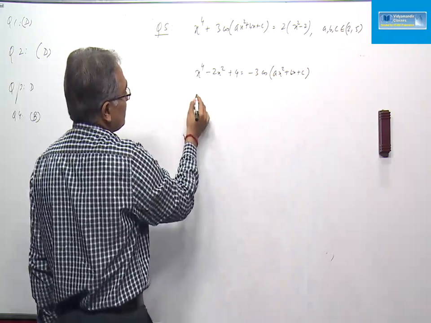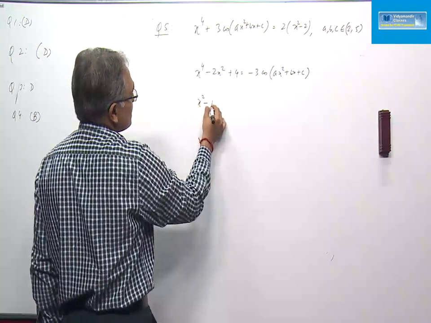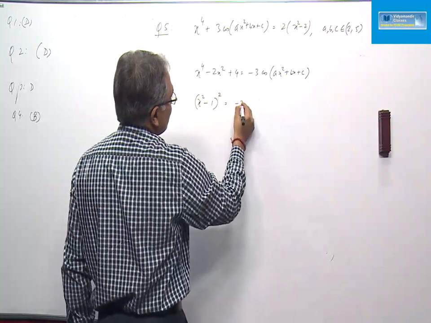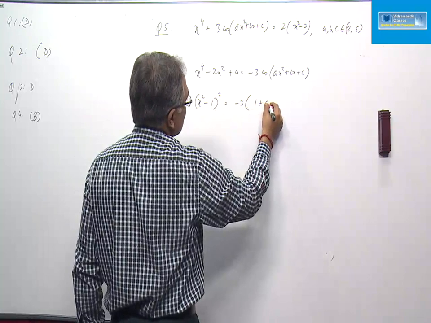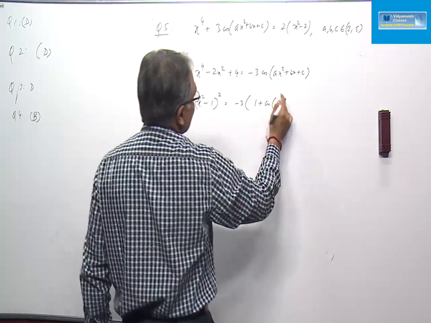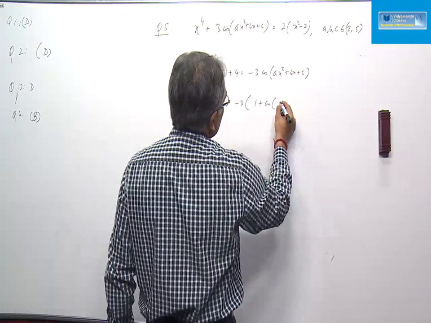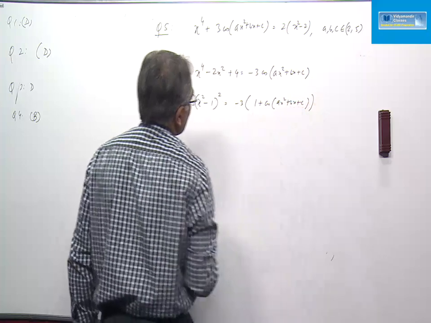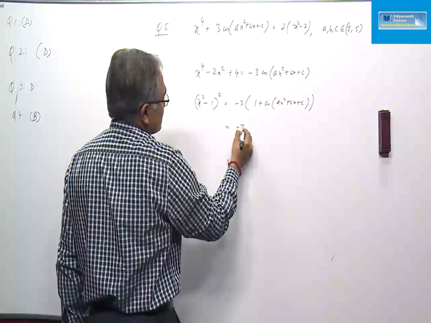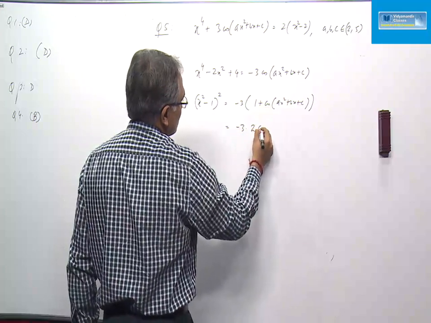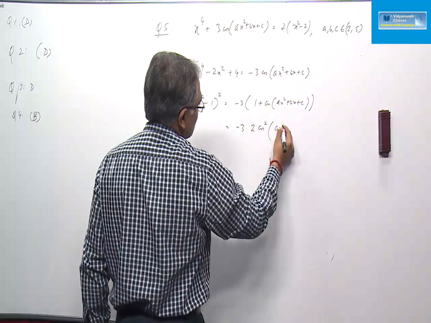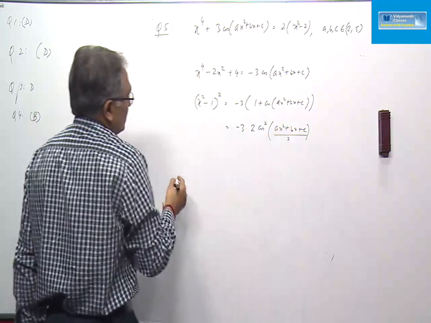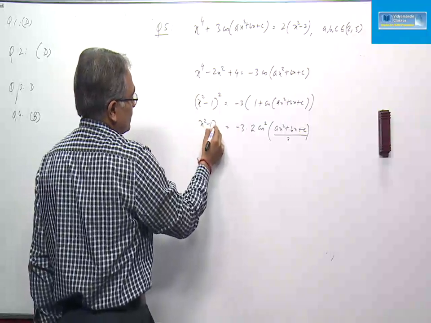Now completing the square, this is (x square minus 1) whole square plus 3, that is minus 3 times (1 plus cosine of (ax square plus bx plus c)). Hence it is minus 3 times 2 cos square of (ax square plus bx plus c)/2.